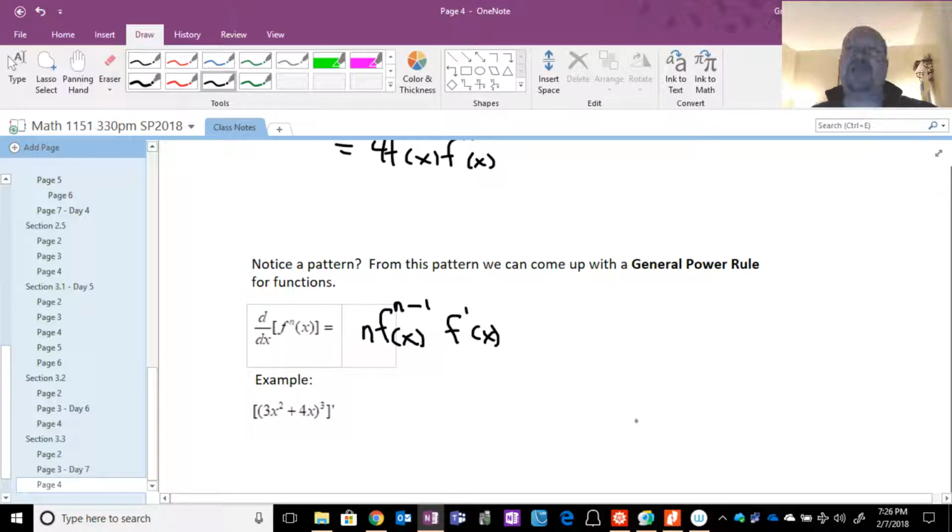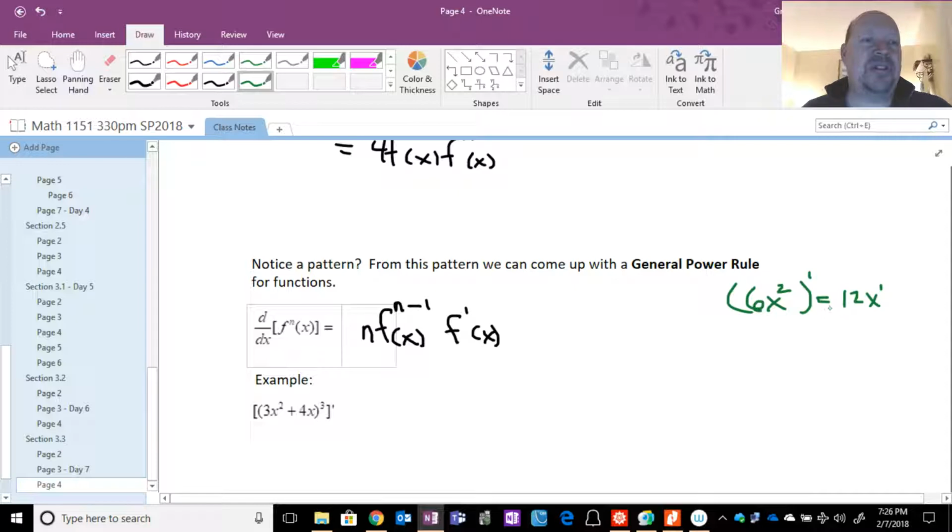Now that's different from the power rule for a polynomial, right? Because before, if you had 6x squared and wanted to take the derivative, you take the power down and multiply it, so it'd be 12x, and this 2 is 1 less, so that'd be x to the 1st power.